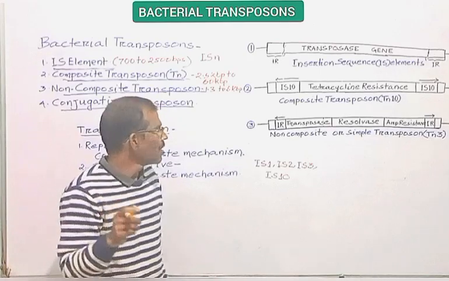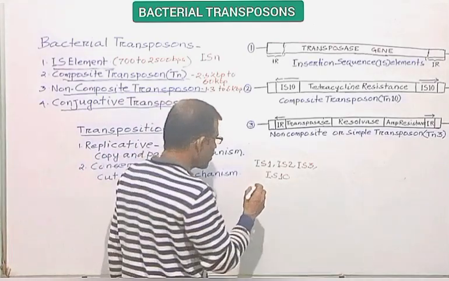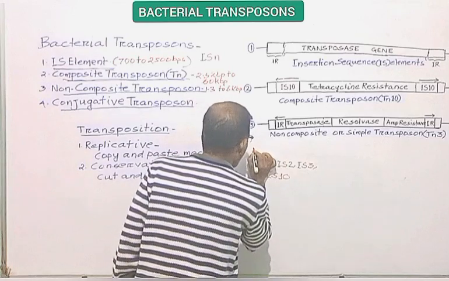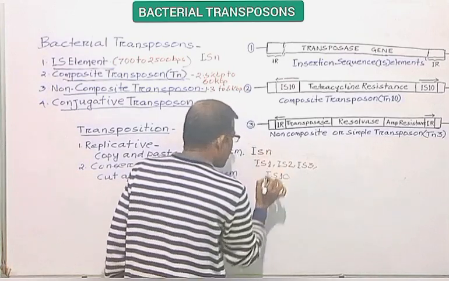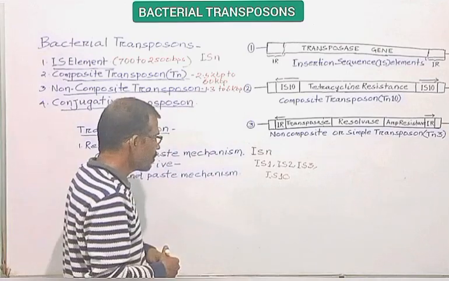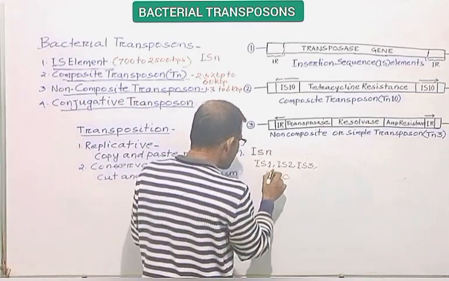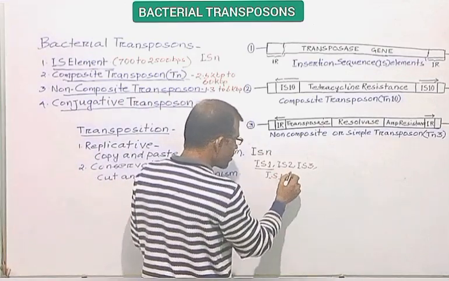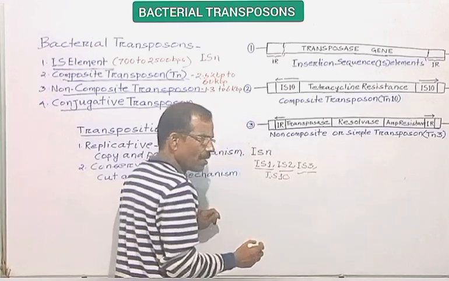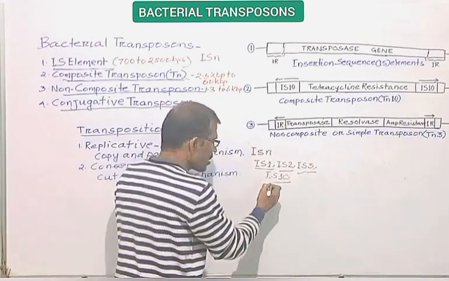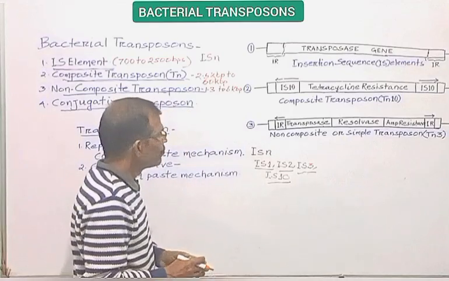Insertion sequence elements are named according to the form IS n, where n is the number. Examples are insertion sequence 1, insertion sequence 2, insertion sequence 3, insertion sequence 10, and so on.